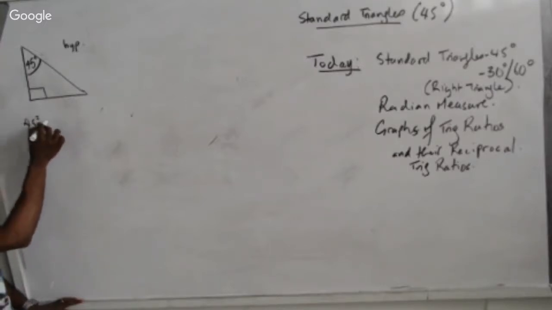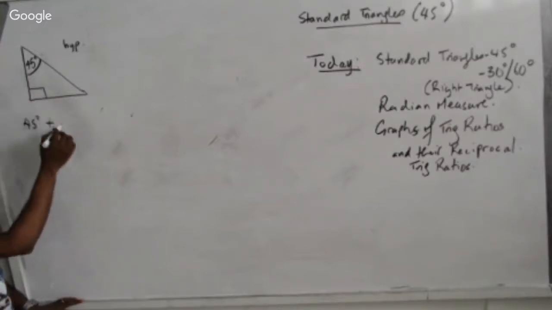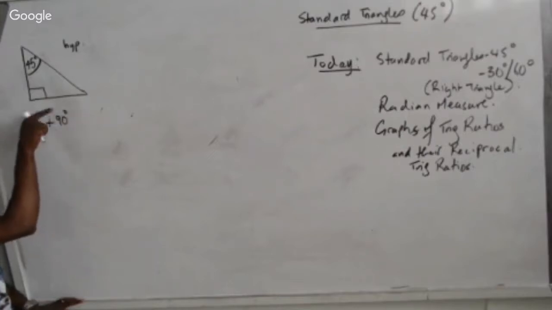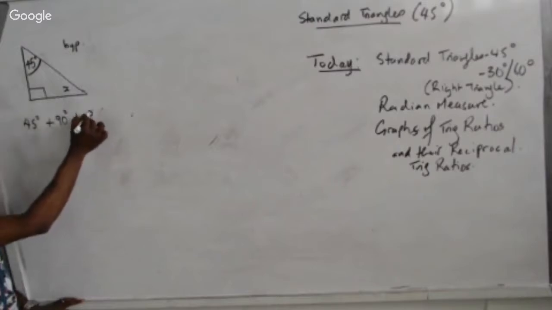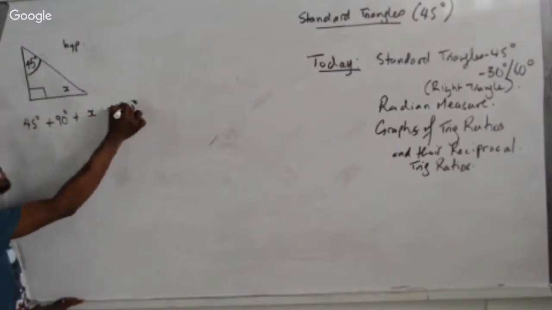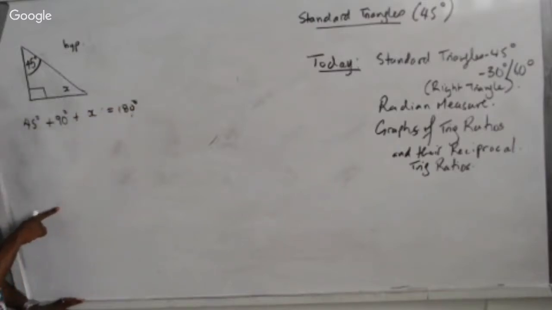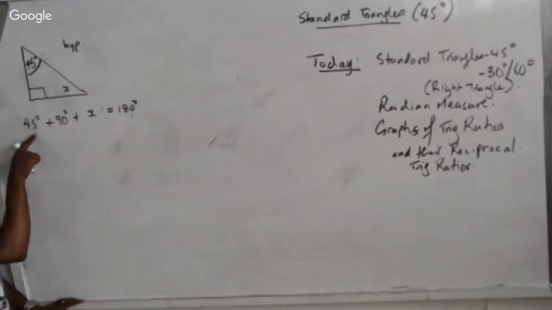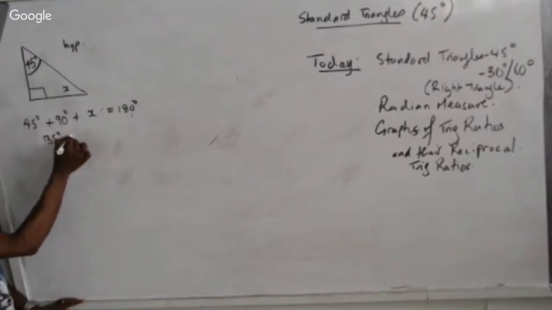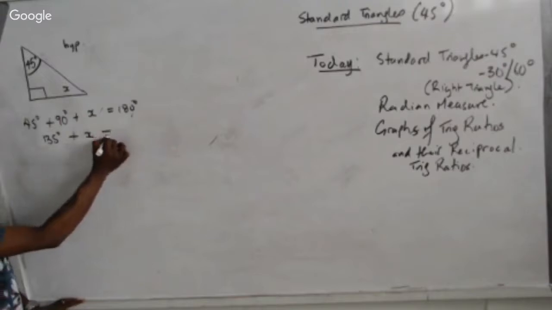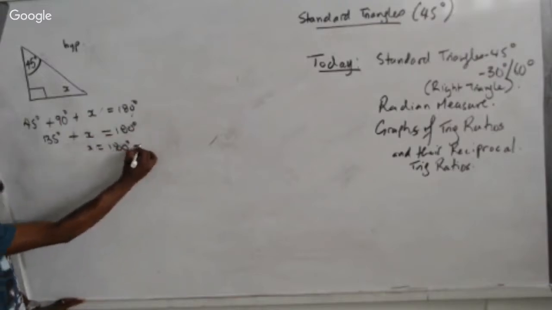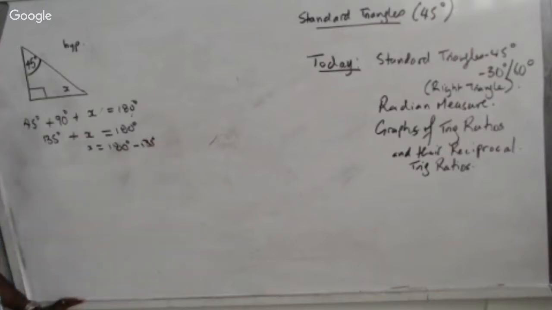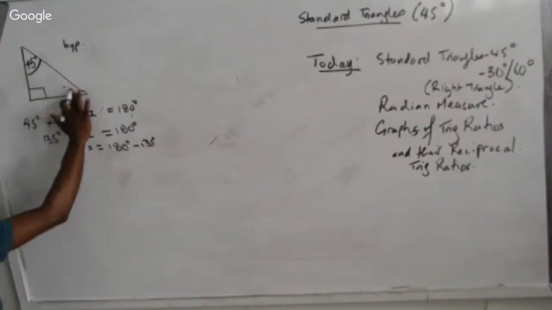So if one of them is 45, this one is clearly 90, and I don't know what this is, so this is X, and that is 180 degrees. 90 and 45 is 135. And then X equals 180 minus 135, and on the calculator, you get 45 degrees, right?